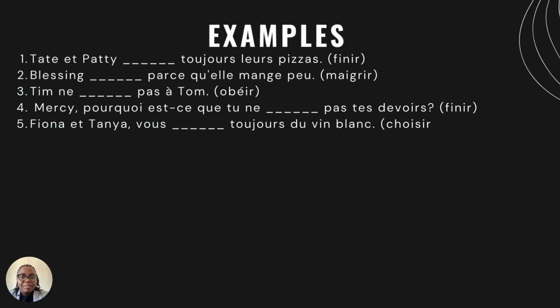Let's look at some examples with the ones that are regular. These are verbs like finir, maigrir, obéir, and choisir. So for example, Tate et Patty finissent toujours les pizzas.